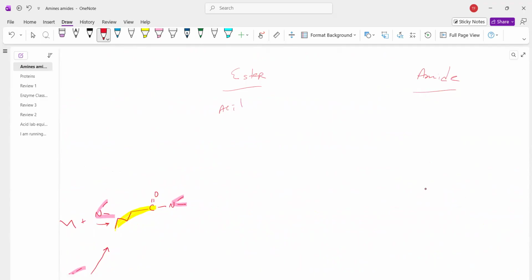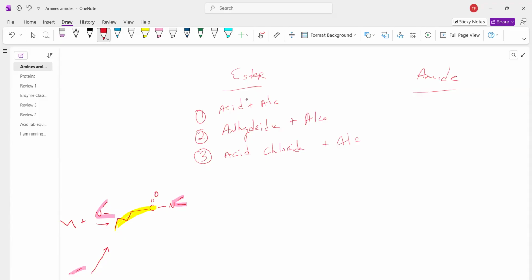So we have the acid plus alcohol, anhydride plus alcohol, and we have the acid chloride plus the alcohol.